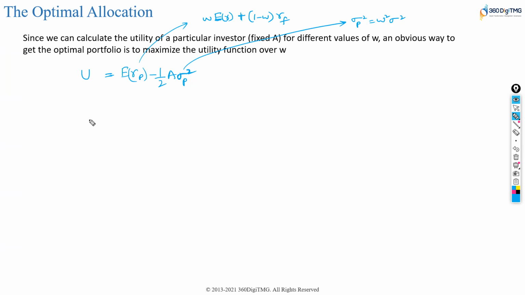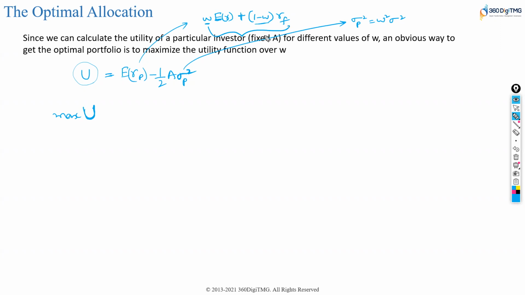Now say you want to maximize this utility function. You want to maximize the happiness. But how will your happiness be determined? Based on how much you are investing in the risky asset and how much you want to invest in the risk-free asset.